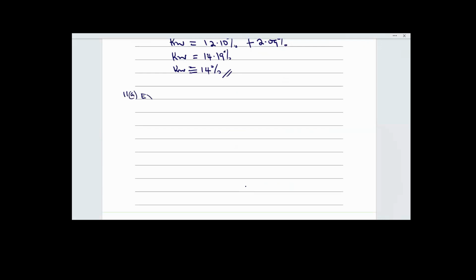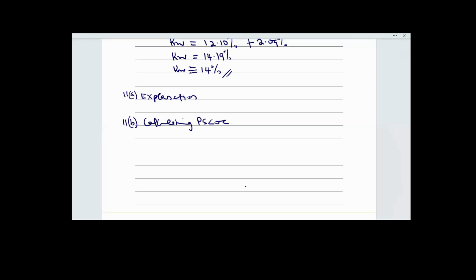This is for the explanation, which I have done. Then 2B. So we need to recalculate, calculating the project-specific cost of capital.